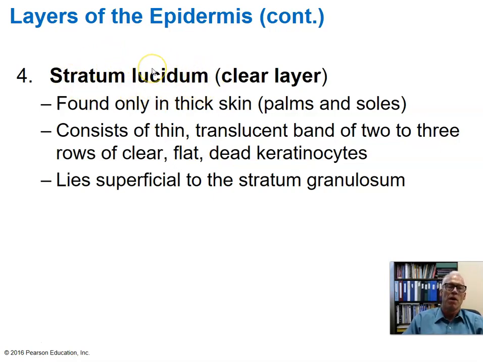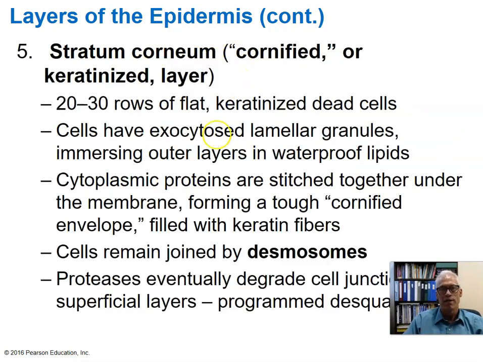In thick skin, on the palms and soles, there's a unique few layers of cells that look transparent, which is called the stratum lucidum. It's not a physiologically particularly interesting fact. It just occurs that if you look in there, you'll see kind of a translucent region. But the outer layers that actually produce the barrier function of the epidermis, that's the keratinized or cornified layers, those are interesting.